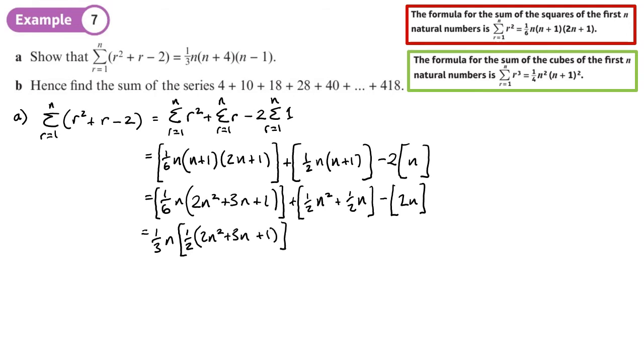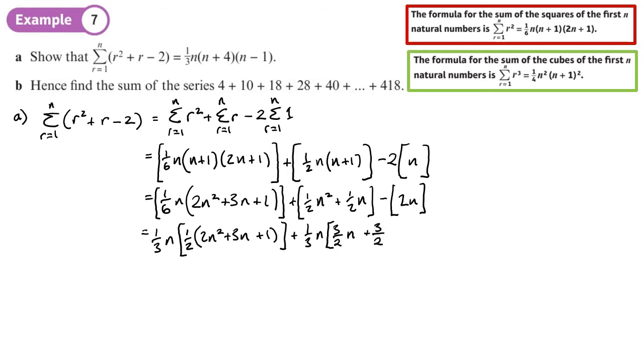In the second bracket, if I took out a third n, that would leave me actually with 3/2, because 3/2 times a third will give me a half. There are other ways of doing it, but this is the way I would do it. So then I get that 3/2 n, and then plus just 3/2.